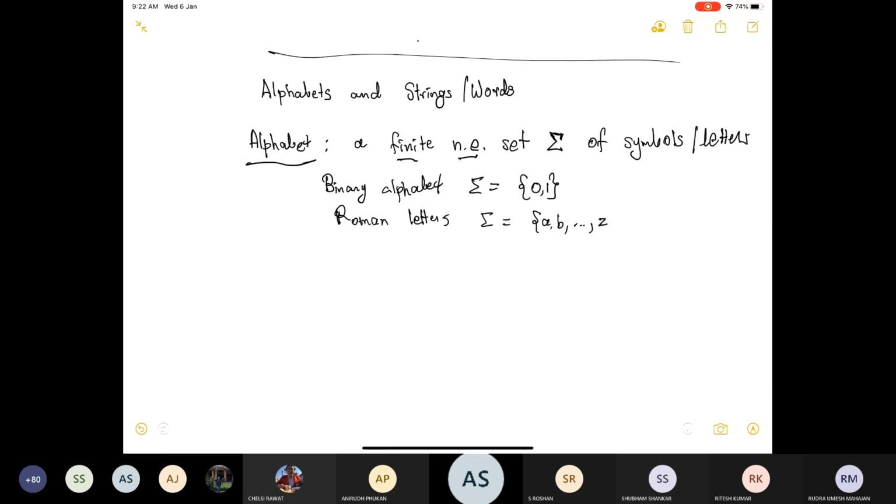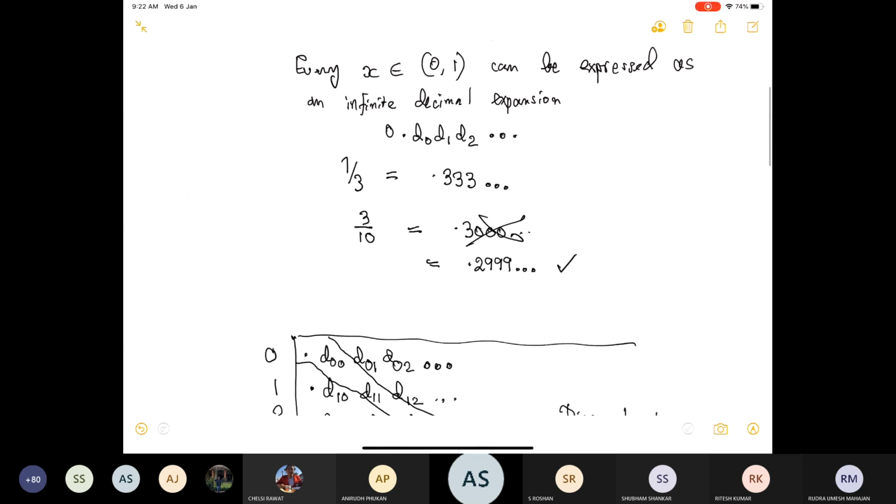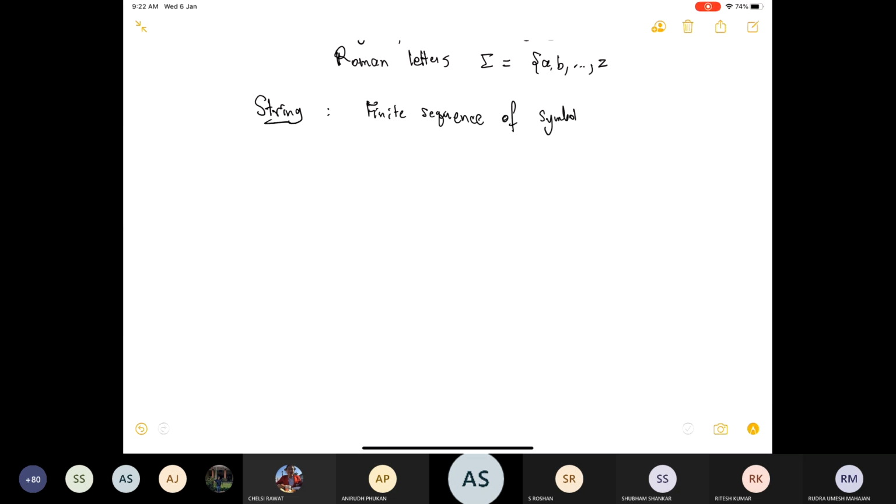So essentially an alphabet is a finite set of symbols. Then we define what a string or a word is. This is nothing but a finite sequence of symbols of sigma.